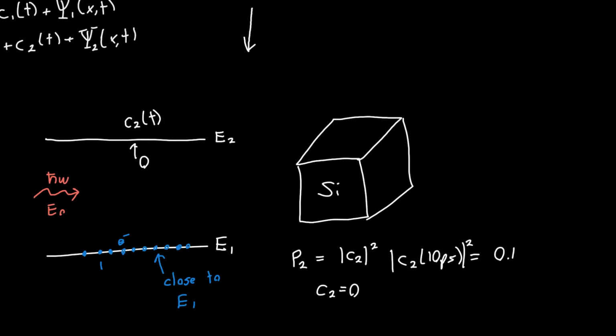And we interpret this as one electron transitioning from the bottom state E1 to the top state E2. So on average, there's going to be one electron now in the top state E2 and 9 electrons in the bottom state. Or in other words, one electron has been absorbed, 10% of our total electrons.